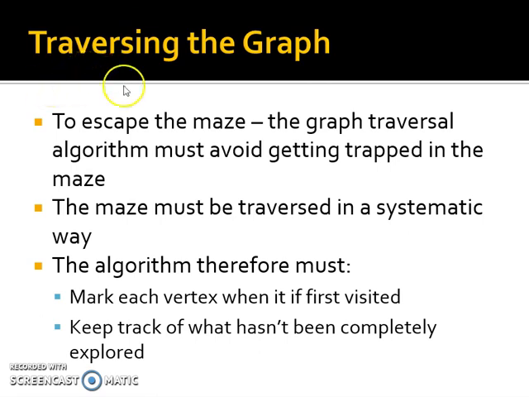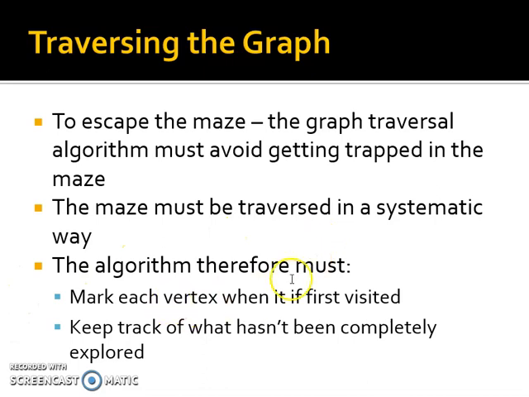So to escape the maze, the graph traversal algorithm must avoid getting trapped in that maze. So the maze must be traversed in such a way that we've visited every vertex, every aspect of that, and we've found our way.